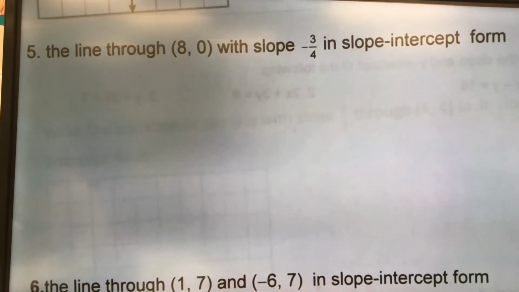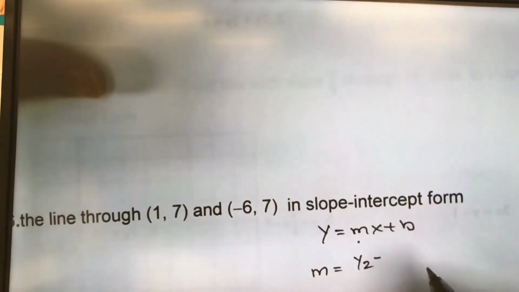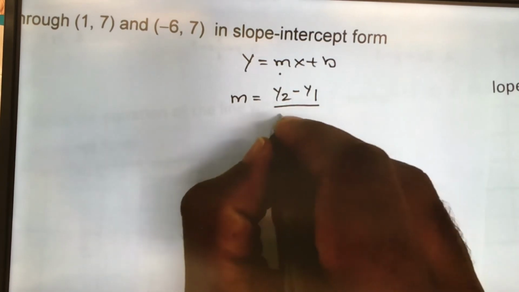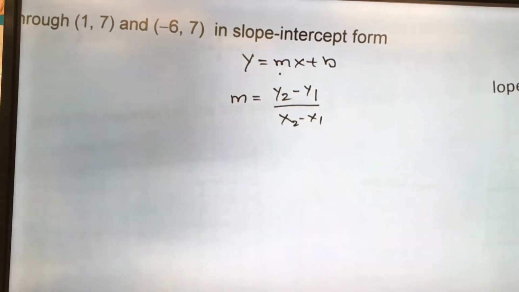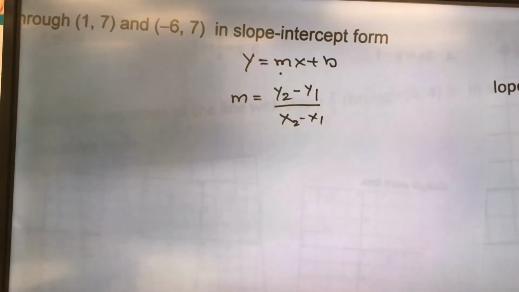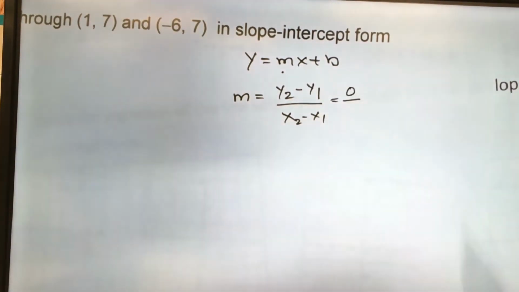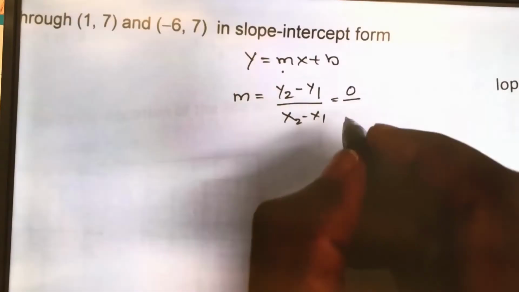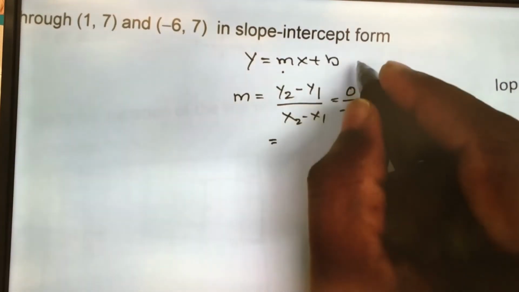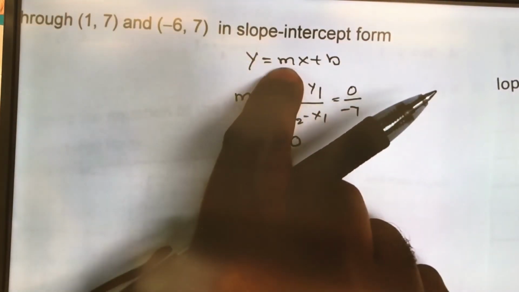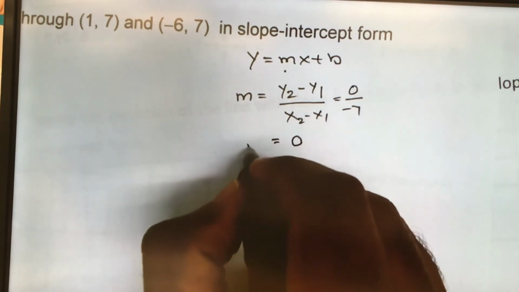I can find the slope m using the formula m is equal to y2 minus y1 over x2 minus x1. If you do that, you will get the slope is 0 over negative 7. That means 0 divided by any number is 0. My slope is 0, so I can plug in 0 for m.